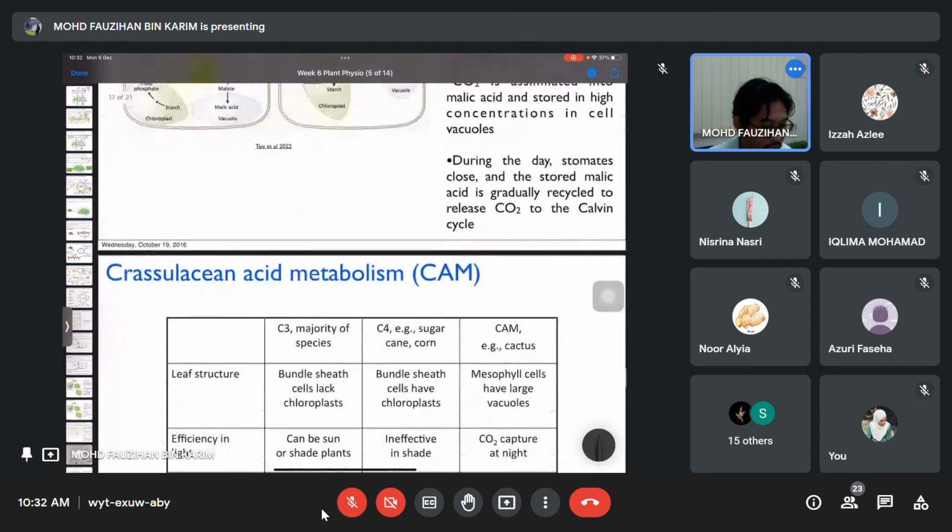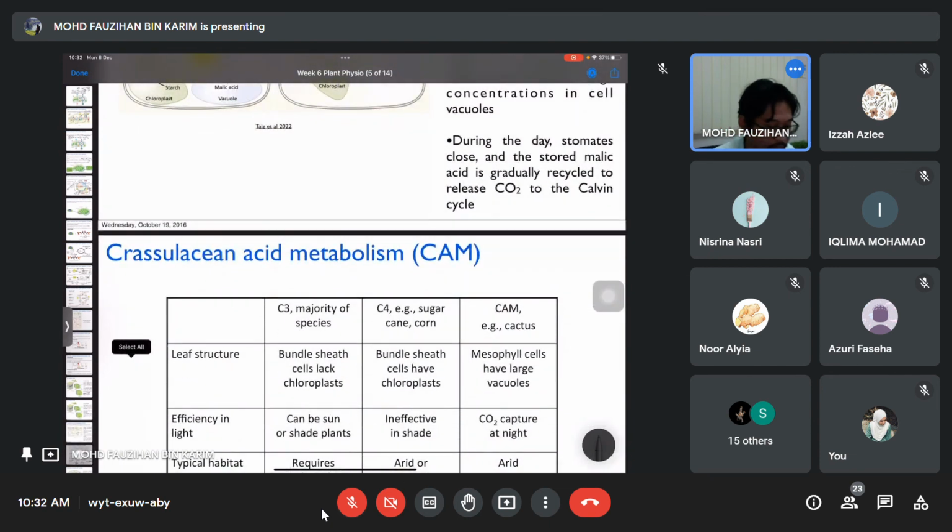Okay, sorry, I made a mistake here. Bundle sheath cells have chloroplast. They have a bundle sheath, there are two sections in the anatomical structure, but it has low chloroplast. So photosynthesis does not happen here, or very little, right?